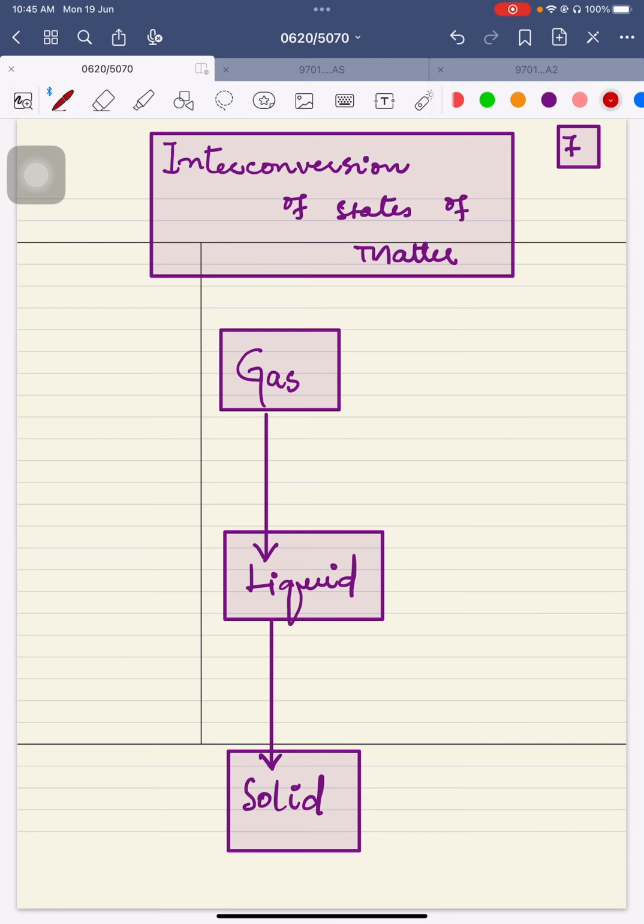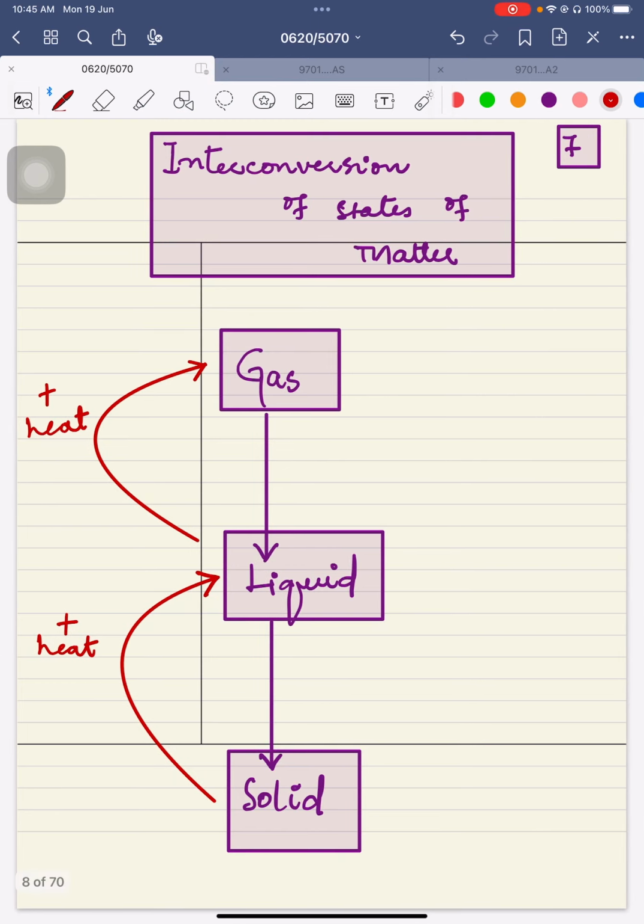All right, okay. So if you are going to increase the temperature plus heat, heat is added, solid will be changed into liquid. If you are going to increase the temperature again, and you are increasing the heat, a liquid will be changed into the gas.